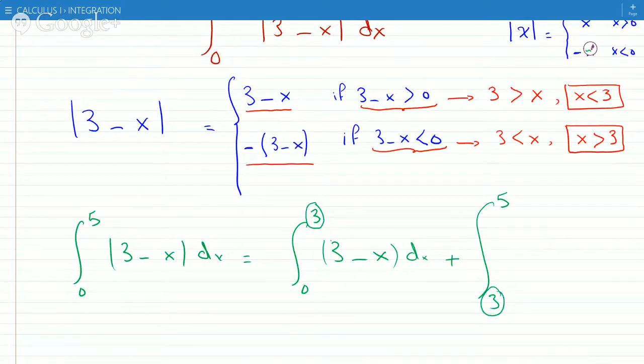Now, from 3 to 5, if x is between 3 and 5, that means x is greater than 3, and now the function is actually minus of 3 minus x dx. And so now there's no more absolute value.